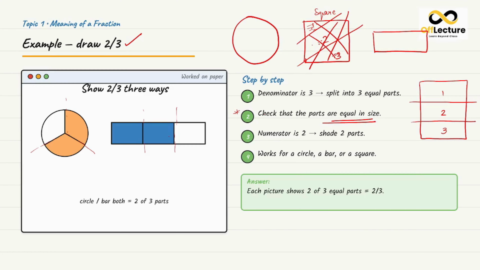Then for the numerator, whatever number it is, you have to shade those parts. So we have shaded this region and this region, that is 2 parts we have shaded here and here. And if we talk about the square, we will shade these 2 parts, and it will work for a circle or a bar or a square. So each picture shows you 2 of 3 equal parts, that is 2 over 3.